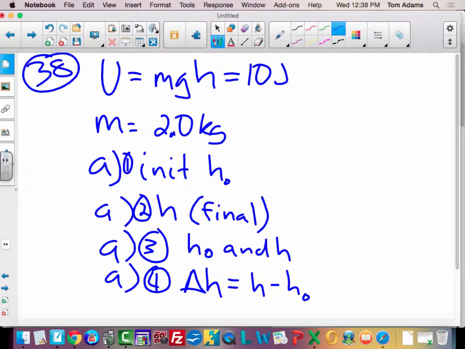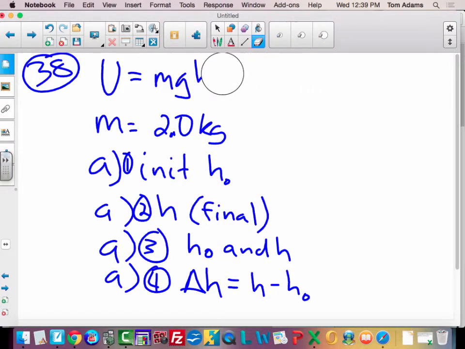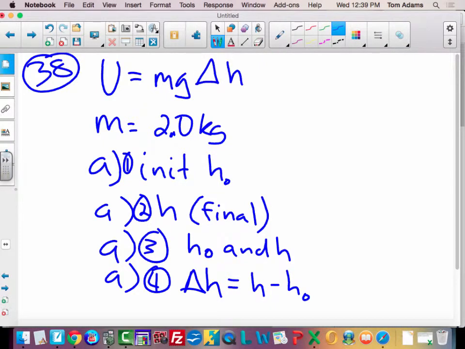And then part B is just saying describe what has physically happened. So it says you are told that the gravitational potential energy of an object has decreased by 10 joules. Oh, wow. So we have to write this a little differently. It has decreased by 10 joules.